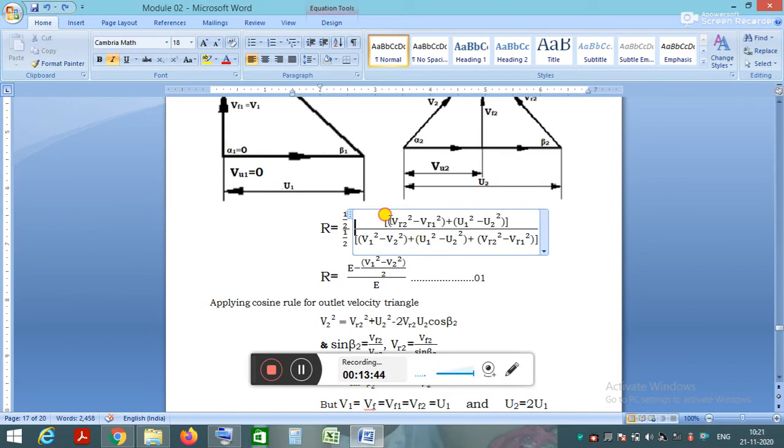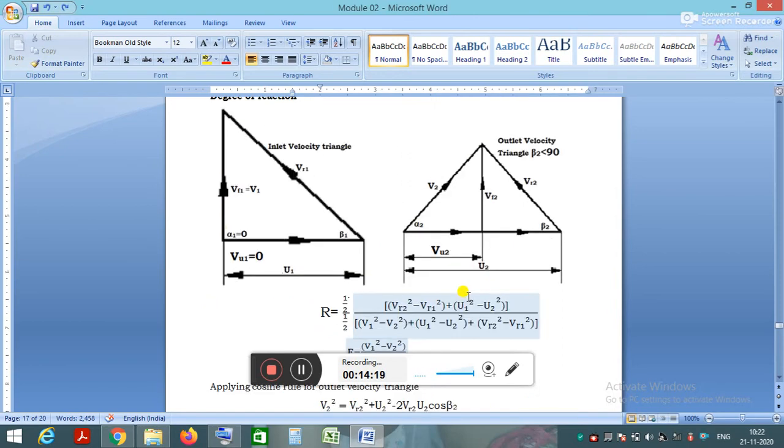Therefore, the numerator can be replaced by E minus (V1 square minus V2 square) divided by 2, where E is the energy transfer, given by V1 square minus V2 square plus U1 square minus U2 square plus VR2 square minus VR1 square. Therefore, the degree of reaction becomes the energy transfer minus the change in kinetic head, divided by the energy transfer.